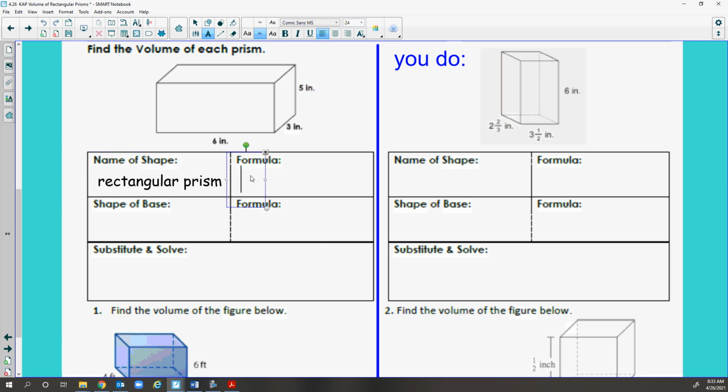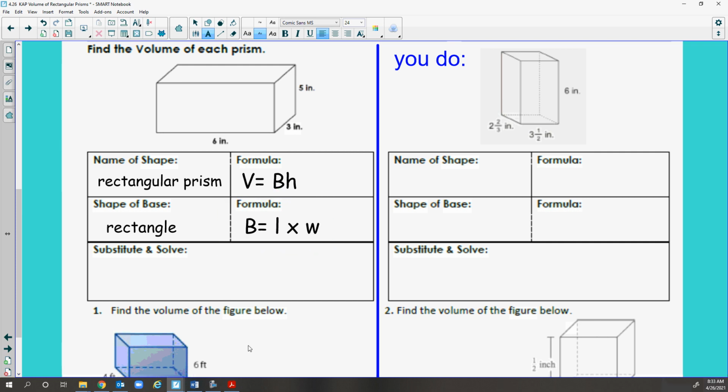My formula is volume equals big B times H. The shape of my base is a rectangle, and the formula to find the area of the base is big B equals length times width.